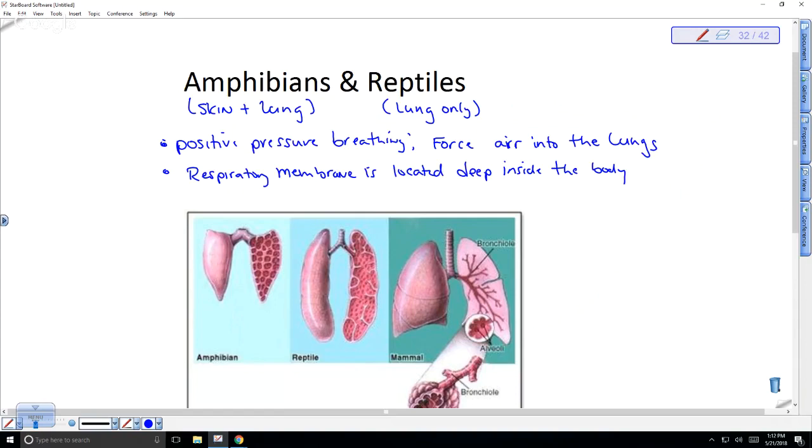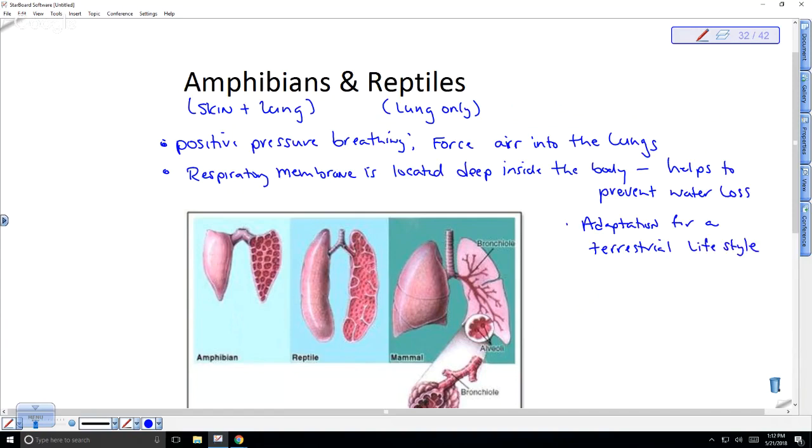And so this is a characteristic of a terrestrial lifestyle because this helps to prevent water loss. Okay, so this is an adaptation for a terrestrial, which is land, lifestyle.